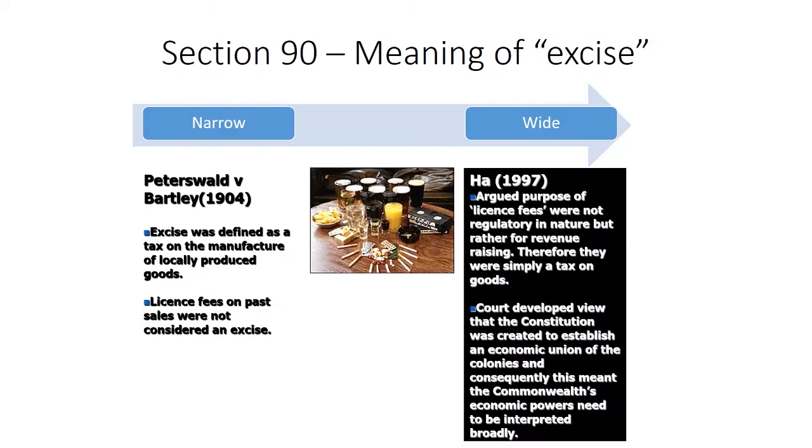They said they weren't really licensing fees, because the purpose of a license fee is to help pay for the regulatory requirements that government has to pay for. And when you're going beyond that, when the licensing fees are so high that only a small portion of it is to pay for the regulation, then what you're really doing is raising revenue, and that makes it a tax on goods, a tax on alcohol, cigarettes, and so on, and that classifies it as an excise.